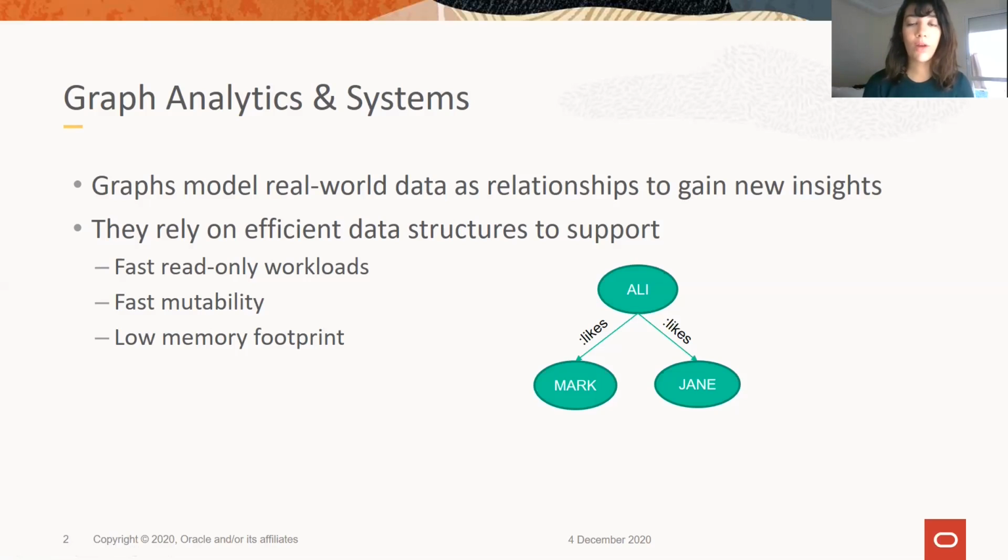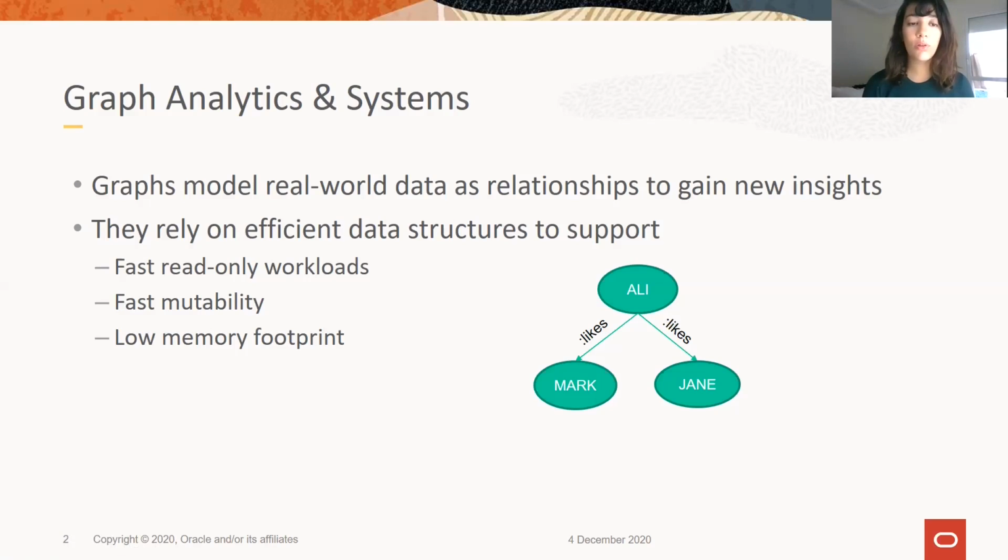Graph systems are aimed at processing large graph data, and they rely on efficient data structures to support fast read-only workloads, meaning analytic workloads such as PageRank, weakly connected components, and other algorithms.